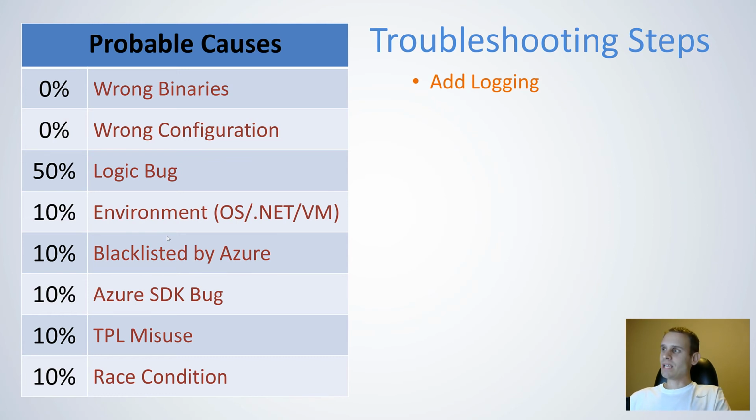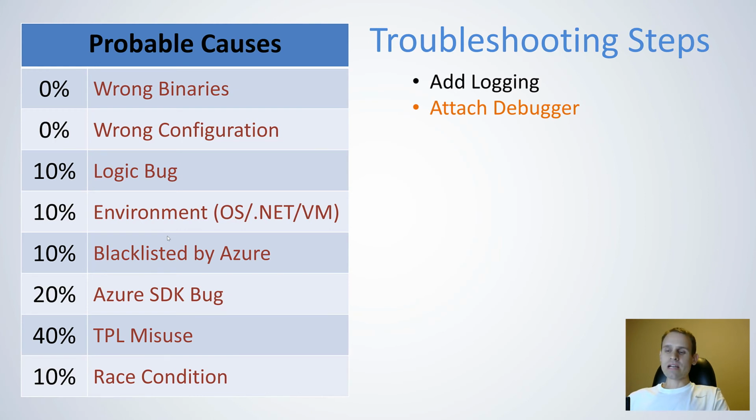So the first thing, I needed more logging. I put some logging in there, and after that, the best I could do is guess that it was a 50% chance I just got a logic bug somewhere. The next step, I actually attached a debugger, and that's how I got that call stack earlier. And with that, it became clear that I didn't really have a logic bug, and it had to be something else.